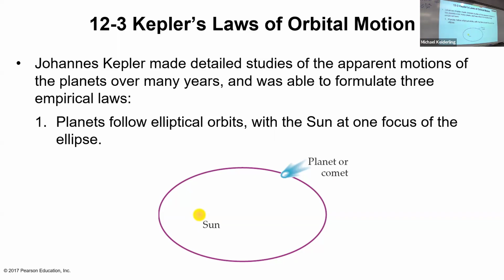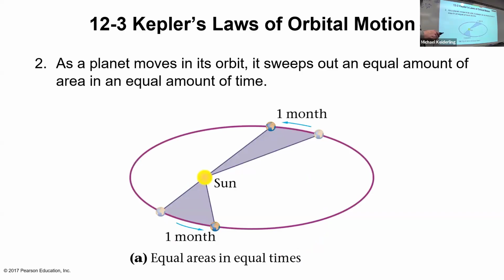Johannes Kepler made detailed studies of the apparent motions of planets over many years and was able to formulate 3 laws, which you can derive from Newton's laws of motion and Newton's law of universal gravitation, but Kepler was well before Newton. Planets follow elliptical orbits with the sun at one focus of the ellipse. As a planet moves in its orbit, it sweeps out an equal amount of area in an equal amount of time, which means the closer it is to the sun, the faster it moves.